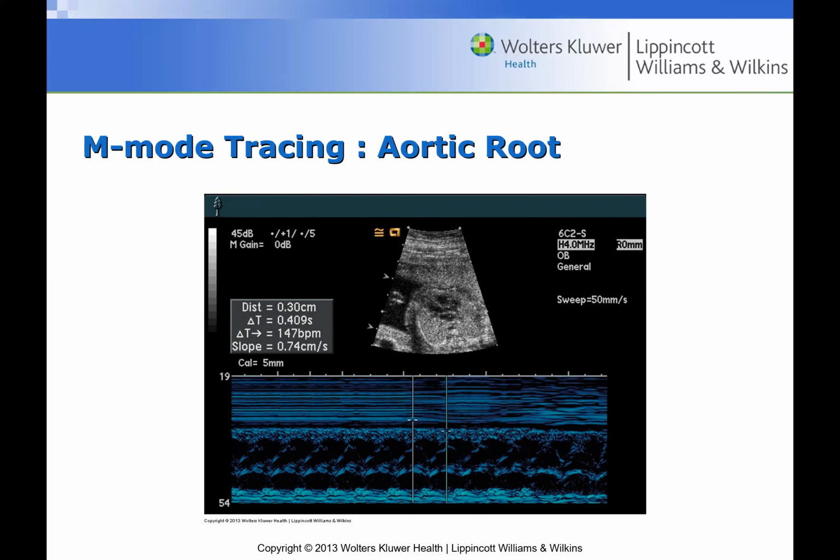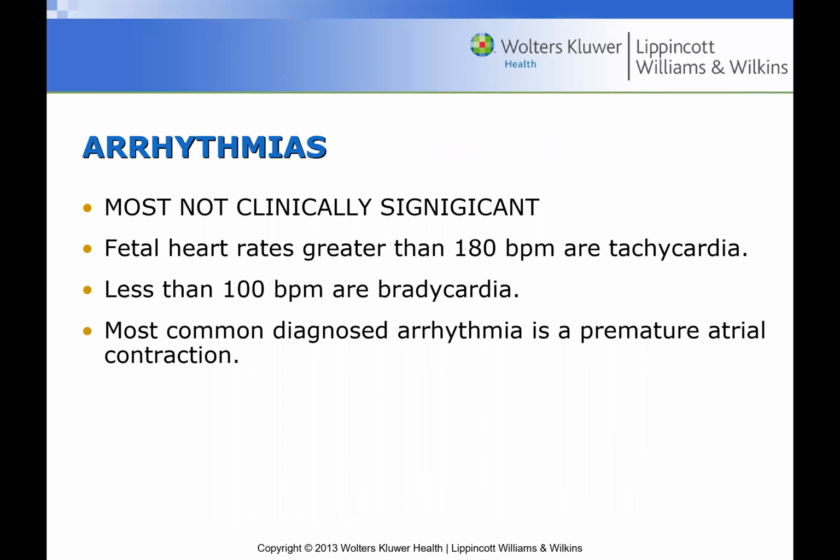On the opposite side, less than 120, we have decided is bradycardia, especially less than 110. Some people in the 3rd trimester feel like 110 is okay for a heart rate, but I usually get nervous if it's less than 120. So those are your parameters for a normal heart rate. You will sometimes see arrhythmias.